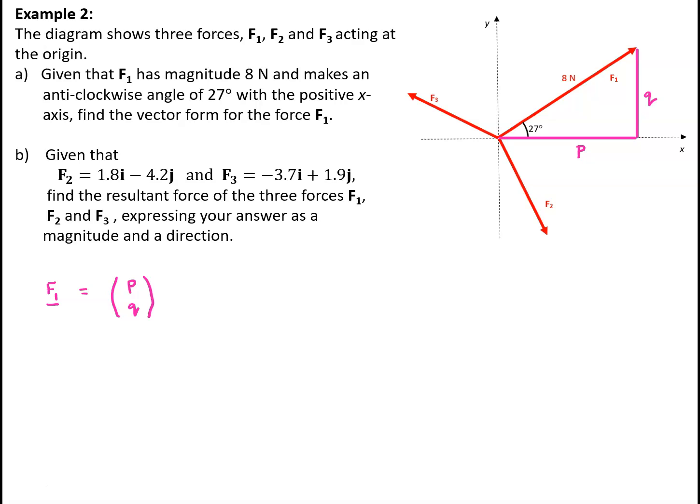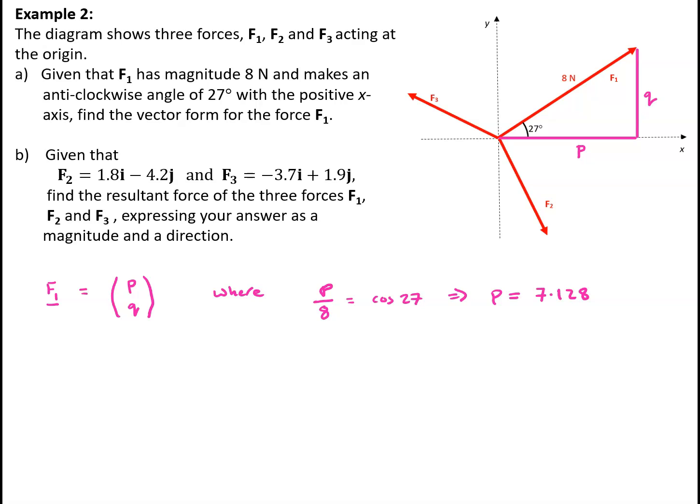And we'll call the sides of that right-angled triangle, the x part being P and the y part being Q. Then using a little bit of trigonometry, we can say that P over 8 must equal cos 27. So P must be 8 times cos 27, which is 7.128.